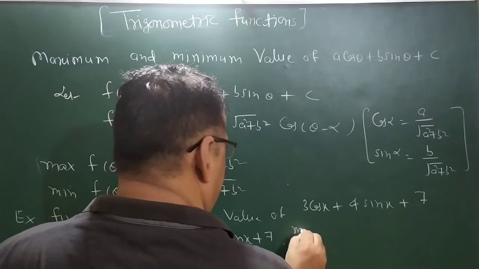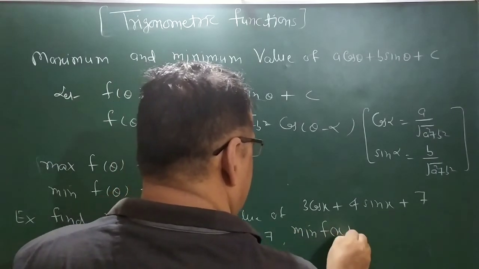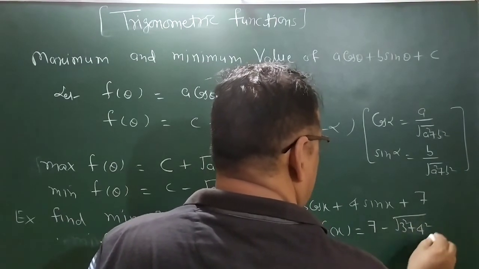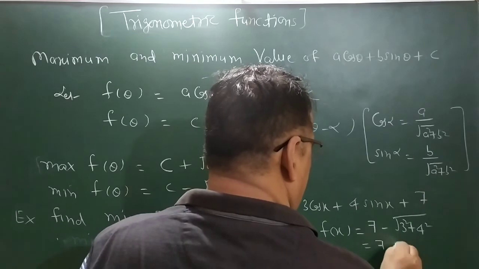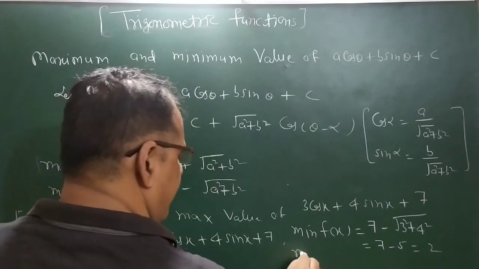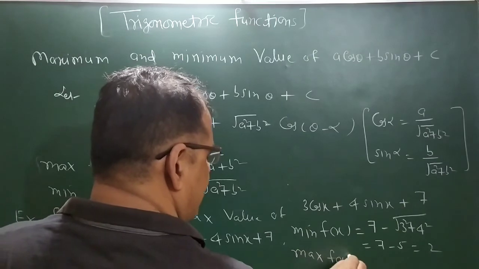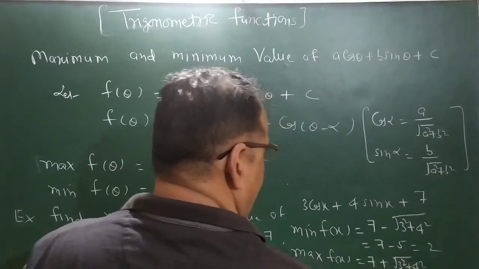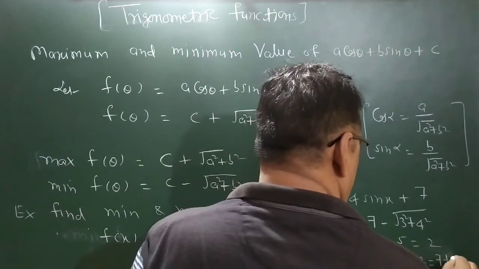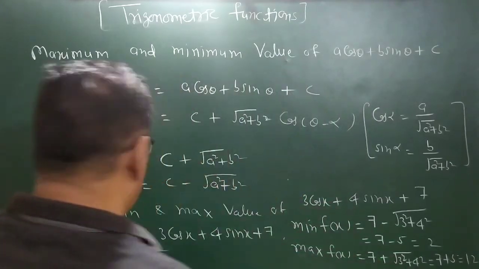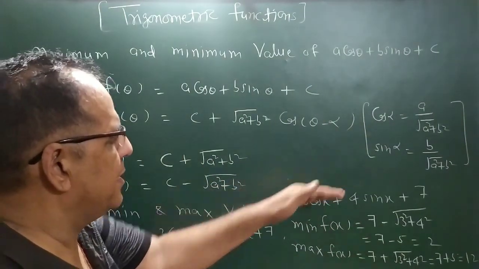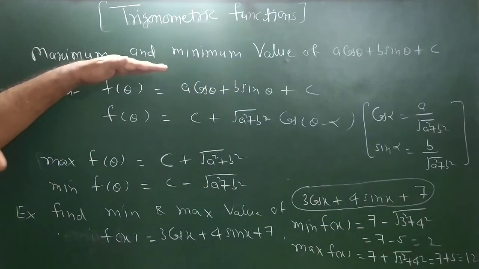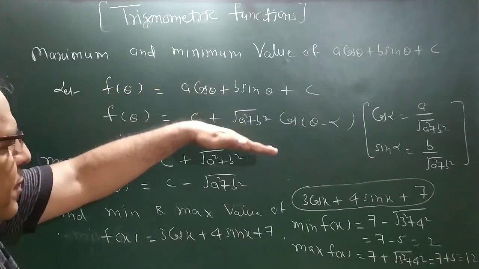Here the minimum of f(x) is given by 7 minus under root of 3 square plus 4 square, that means 7 minus 5, which is 2, and the maximum of f(x) is given by 7 plus under root of 3 square plus 4 square, that means 7 plus 5, which is 12. So this is the way by which we can find the maximum and minimum value of this type of trigonometric expression. These are two important formulas for solving this type of question.